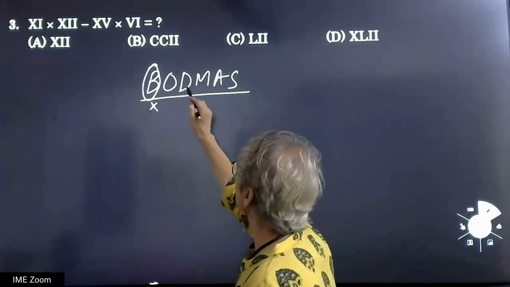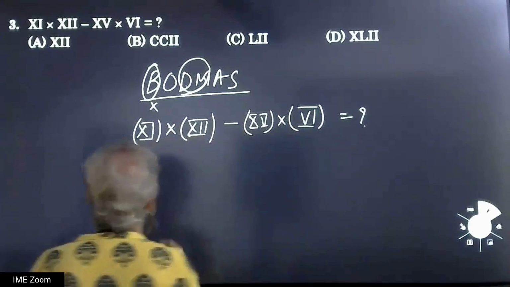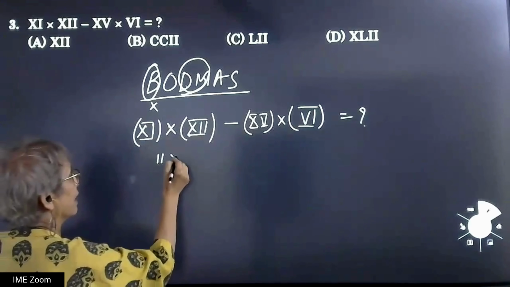So let us write the given sum. We'll do it like this because the multiplication sign and X look similar. Usually the numbers are written like this. So let us first write it in our usual numbers. XI means 11 and this is 12.